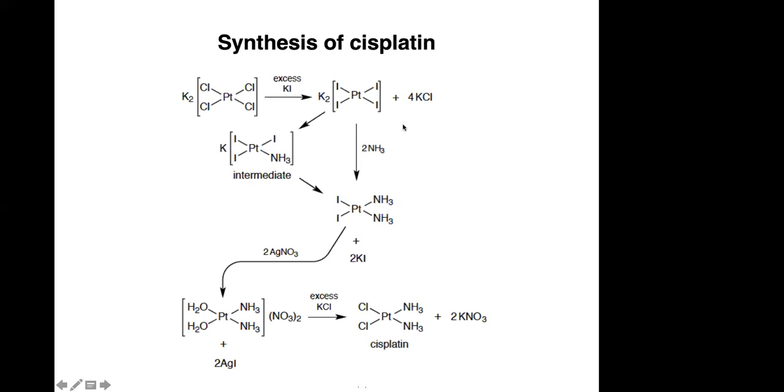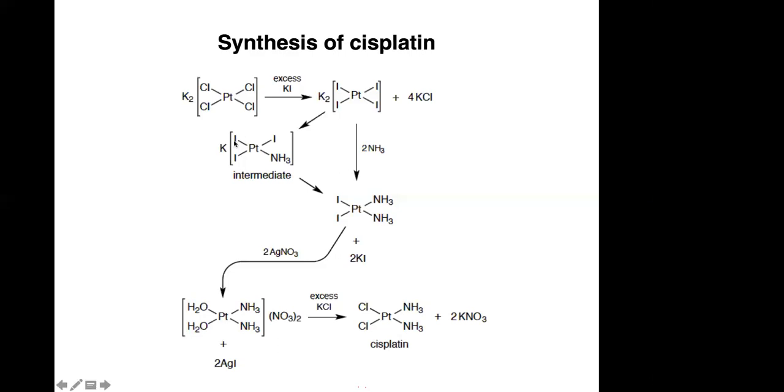And the reason this step is important is that iodide is a stronger translabilizing ligand than chloride. And so if you think about it, you're going to first substitute one of these iodides for ammonia, and you'll form this monoammonia complex shown here as an intermediate. And then you have a choice for the second ammonia substitution. It can be either cis or trans to the first ammonia that bound.